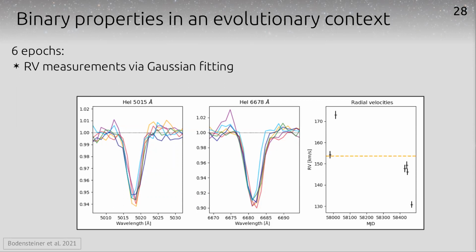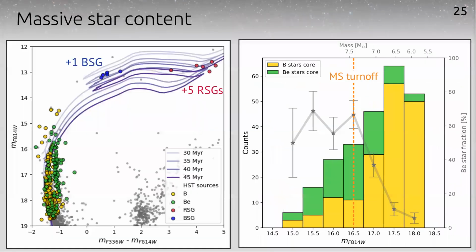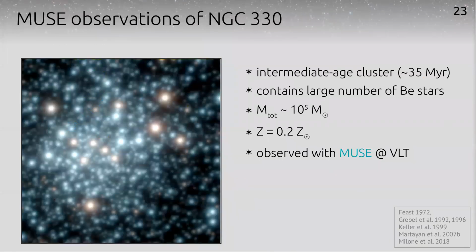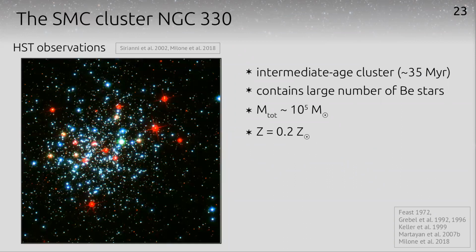Yeah, so I'm just going to go back to this overview. That's the first point I want to make. Actually, we're only looking at the very cluster core, so with our MUSE observations, that's a bit more difficult. I haven't done this myself. Ben Hastings did this. He looked at the HST observations, where I'm just showing a cutout here.